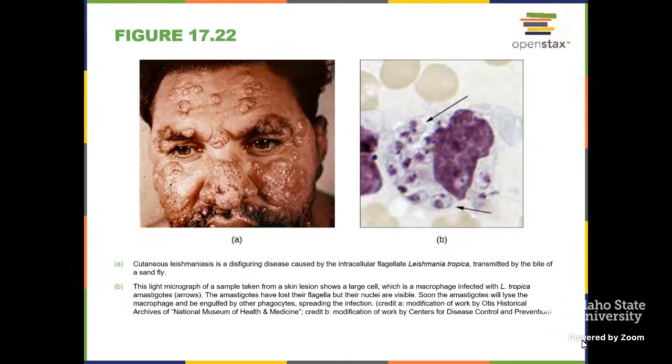This image of this individual isn't really cutaneous leishmaniasis, all right? Really what we're looking at in this circumstance is an individual that has the visceral form of leishmaniasis, so organ involvement, not skin involvement, all right? But you're like, wait a minute, what's up with this skin, right?